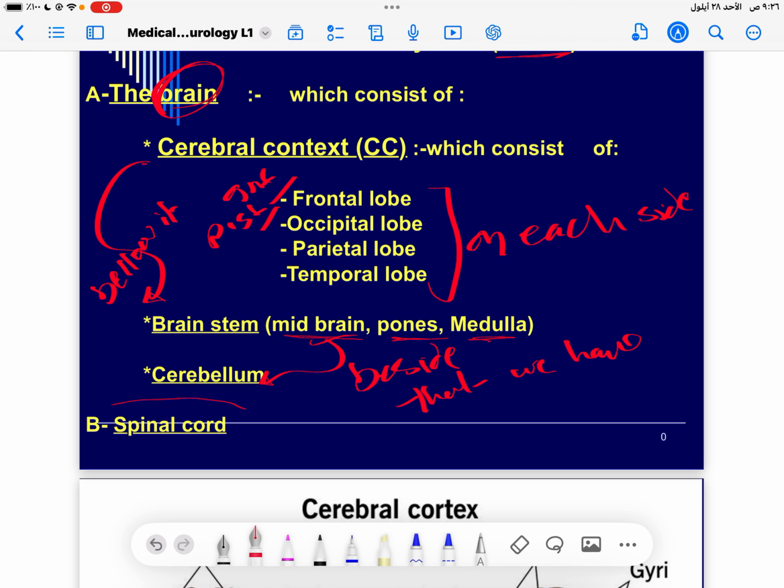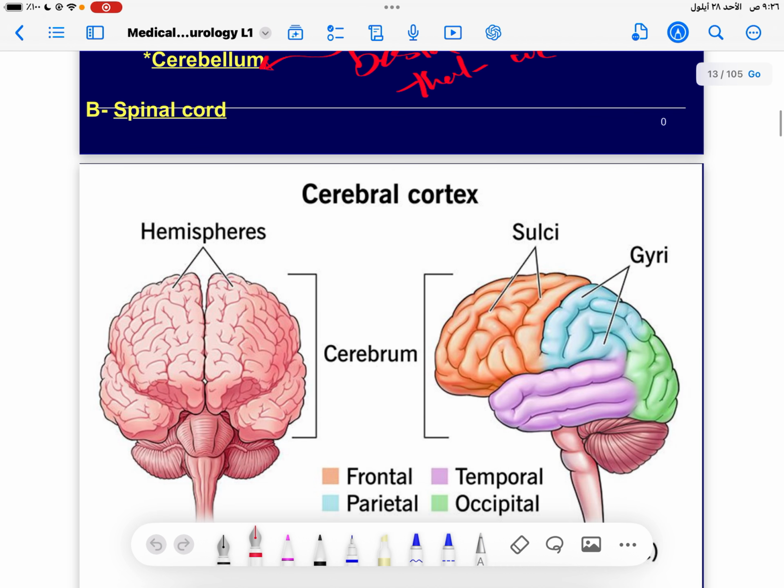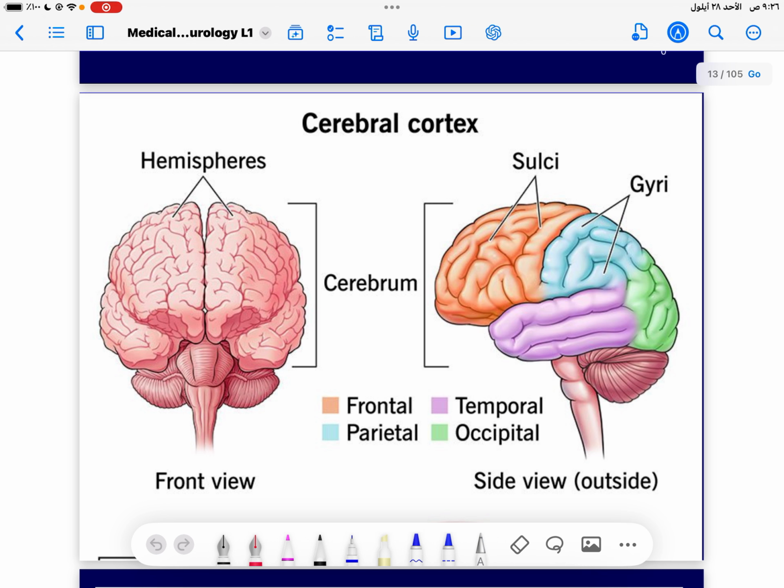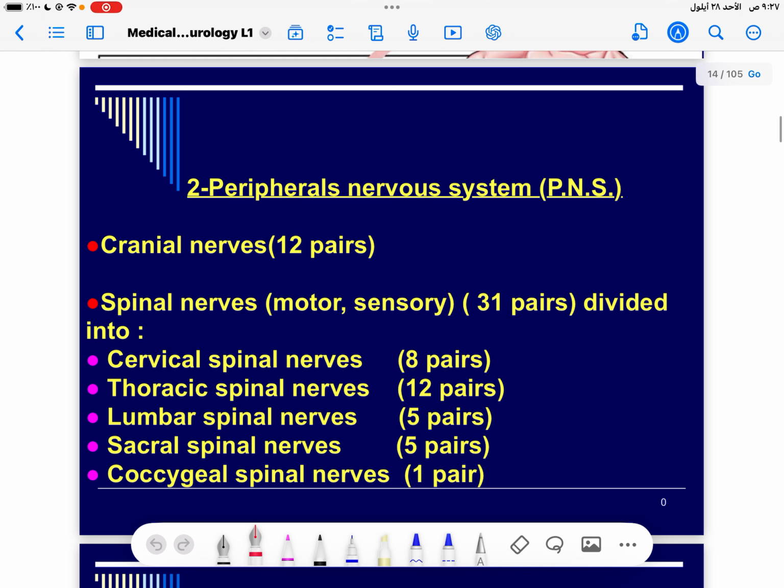So, this is the cerebral cortex, and these are the lobes of the cerebral cortex: the frontal, the occipital, the temporal, and the parietal. And this is the cerebellum. And this is the brainstem: midbrain, pons, and the medulla. Okay, so that is central.